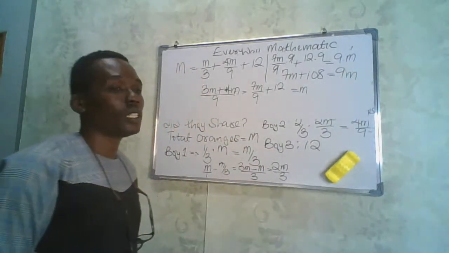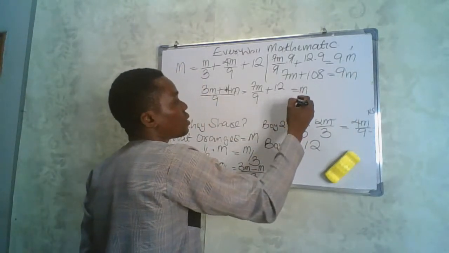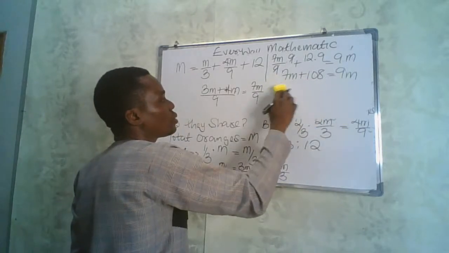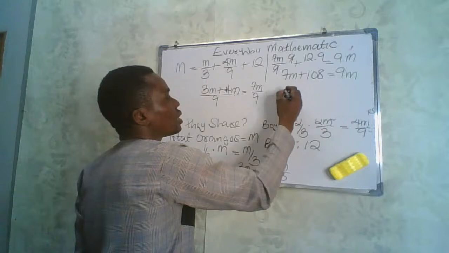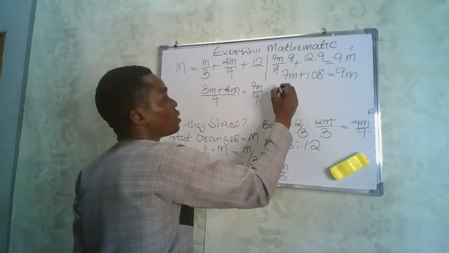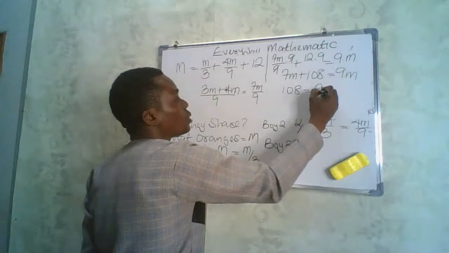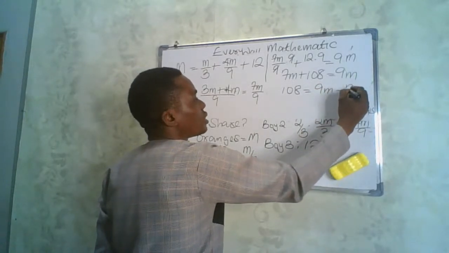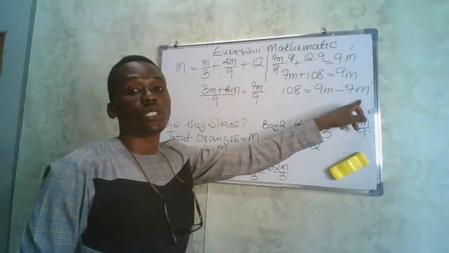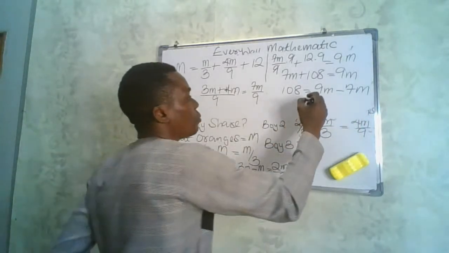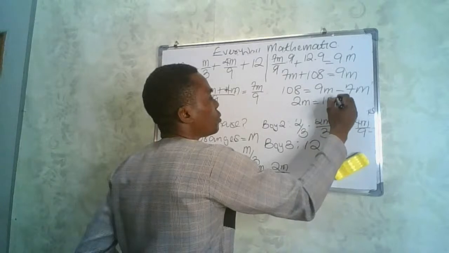That will be equal to 9m. So I'm going to subtract 7m from both sides. This gives me 108 equal to 9m minus 7m. 9 minus 7 gives us 2m, so we have 2m equal to 108.